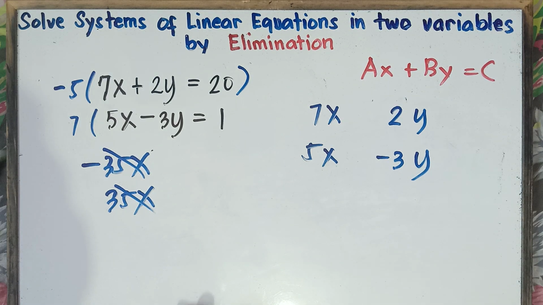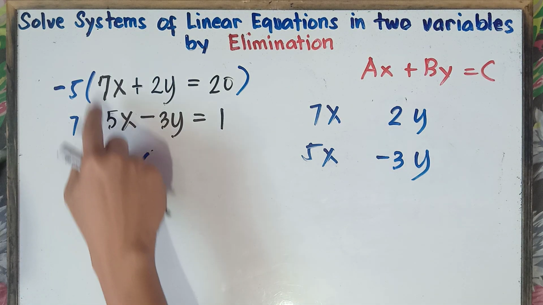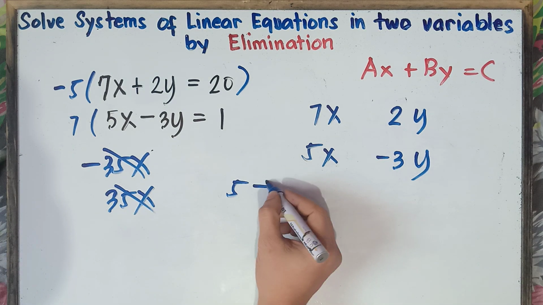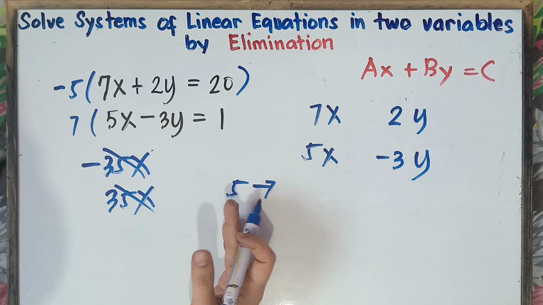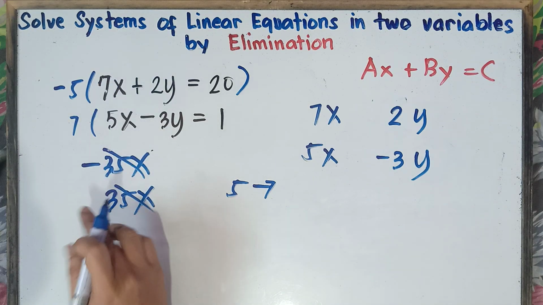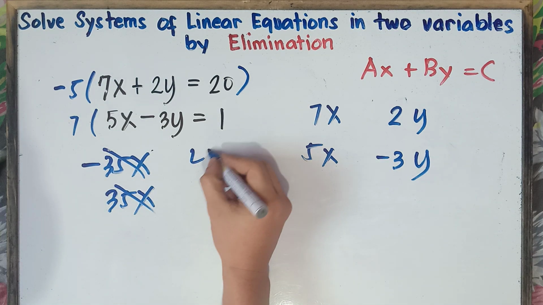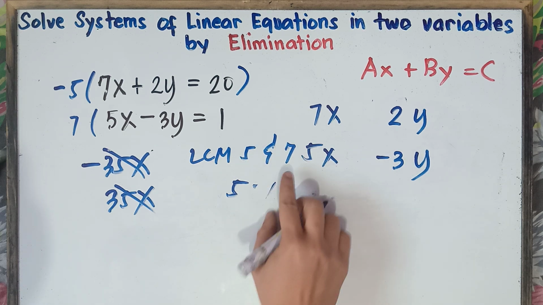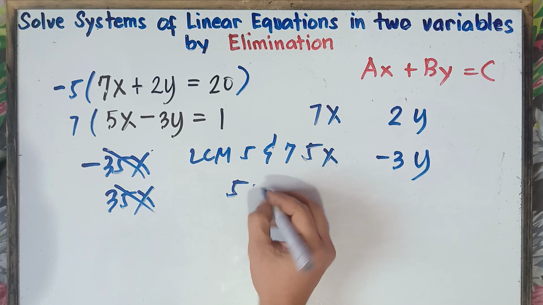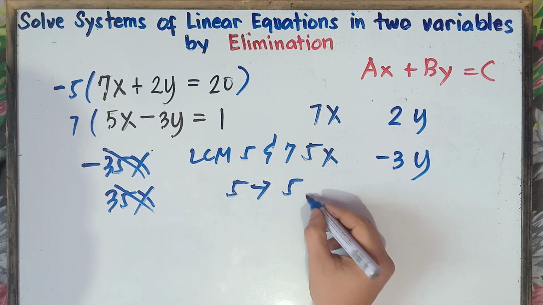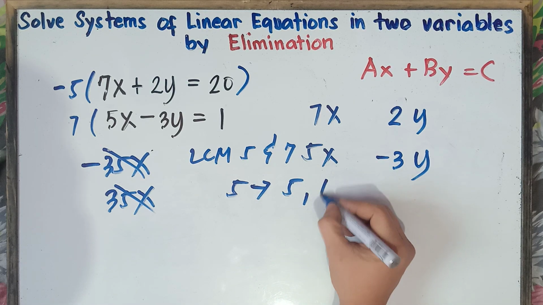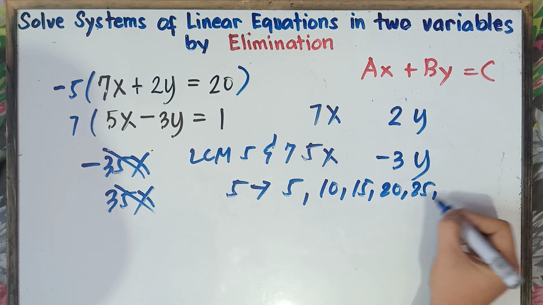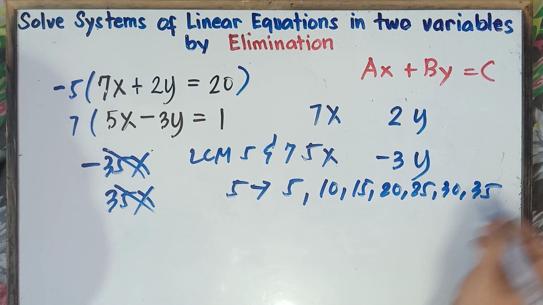During your elementary years, class, if your teacher asks you to find the LCM of 5 and 7, you will do it this way. Multiples of 5: 5 times 1 is 5, 5 times 2 is 10, 5 times 3 is 15, plus 5 is 20, plus 5 is 25, 30, 35, right?